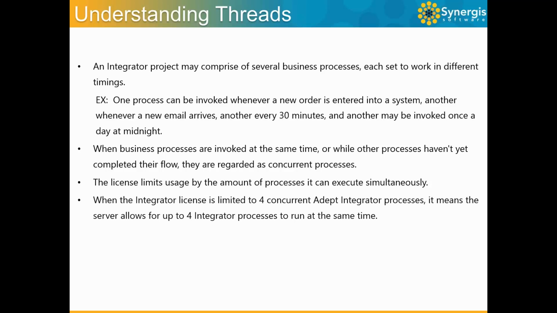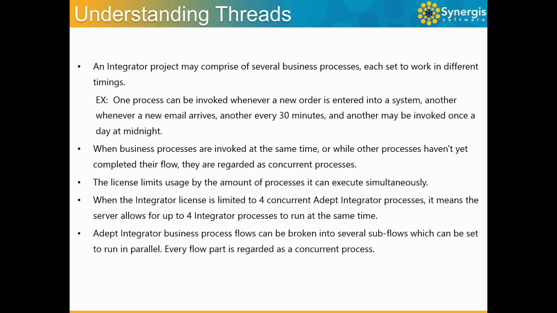So when the integrator license is limited to 4 concurrent Adept Integrator processes, it means the server allows up to 4 integrator processes to run at the same time. Makes sense? Adept Integrator business process flows can be broken into several subflows, which can be set to run in parallel, so every flow part is regarded as a concurrent process.